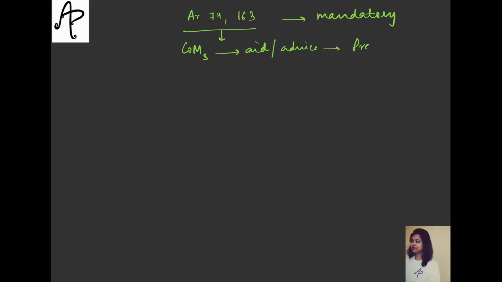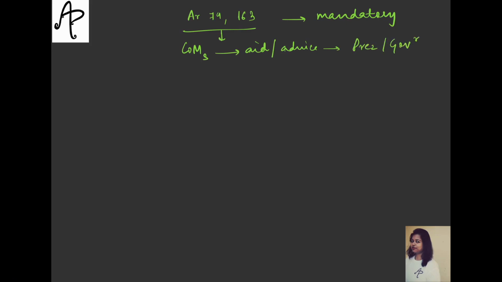But one thing you have to remember is that Article 74 and 163 is mandatory. This is not directly given in the constitution. It came later from a Supreme Court judgment. What is mandatory? It means that a council of ministers has to be there to aid and advise the president or governor.